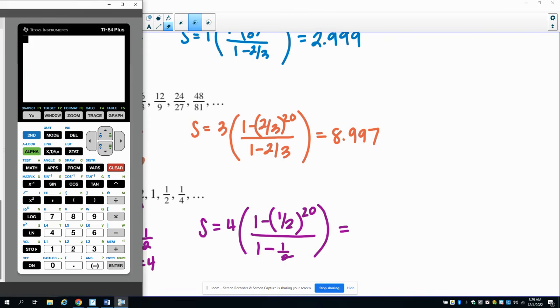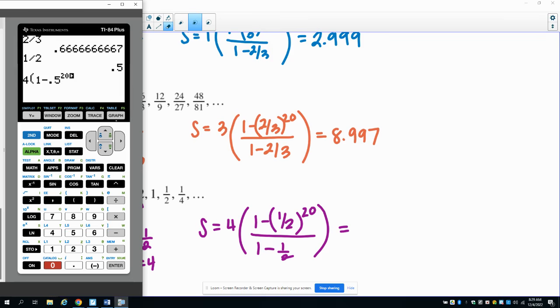Okay, so when you type this one in, before, 2/3 as a decimal is a repeating decimal, so I left it as a fraction. In this one, 1/2 is just the decimal 0.5. So for this one, when you type it in, for the top, you can just do 1 minus 0.5 to the 20th, and you don't need parentheses around that decimal.